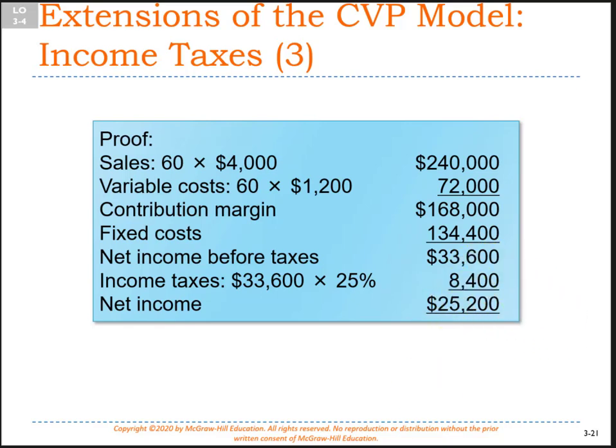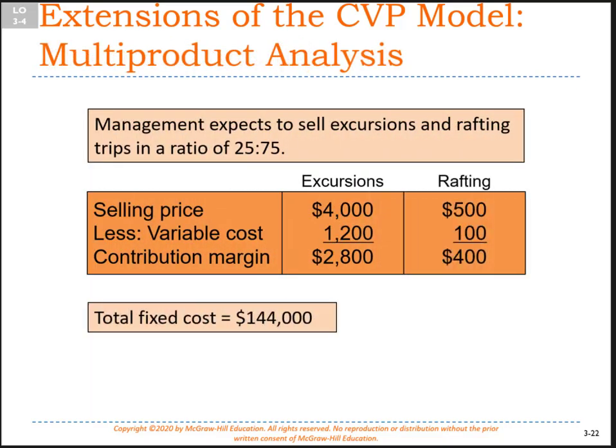All right. Now, let's extend this to a multi-product situation. You sell more than one product, in this case, more than one type of trip, and they have different variable costs and different pricing. What they share, okay, is the fixed costs, meaning there is no way to separate the fixed costs.